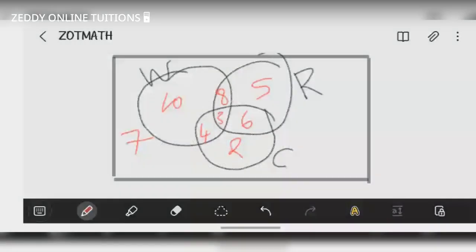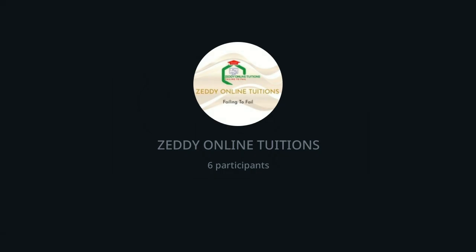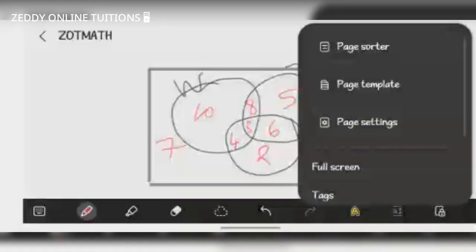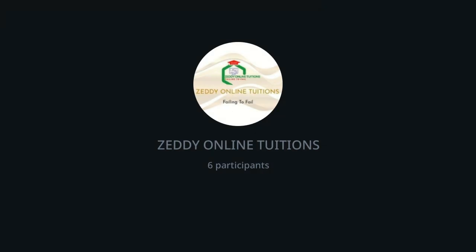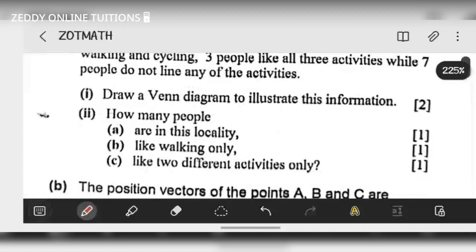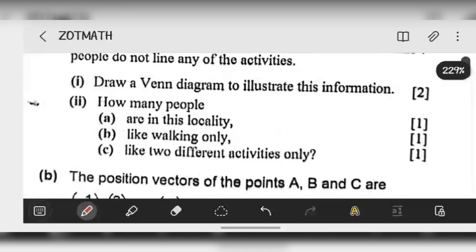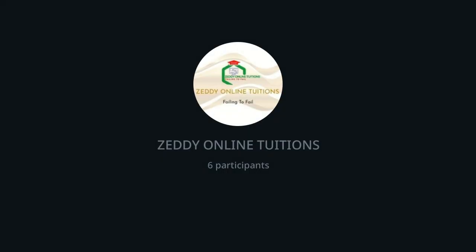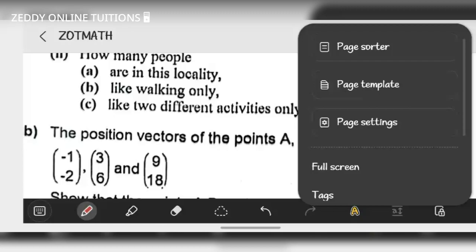Okay, so let me just go back to the question. All right, so let's go and check how many people are in this locality, those who like walking only, and those who like 2 different activities only. So let's master these questions, and then we get back to where we're doing the work from. Let's go.